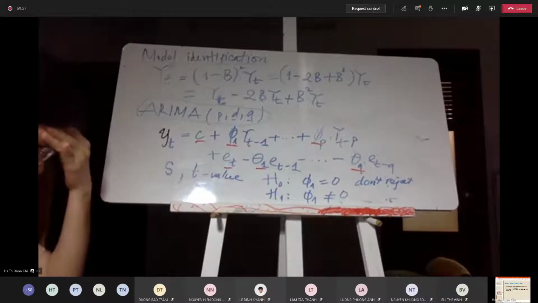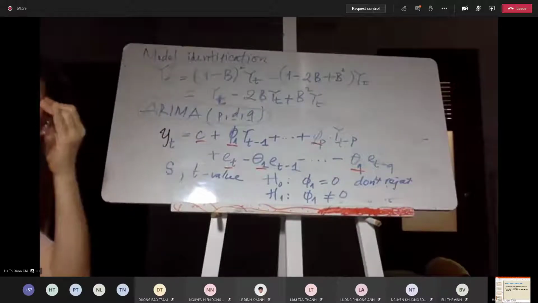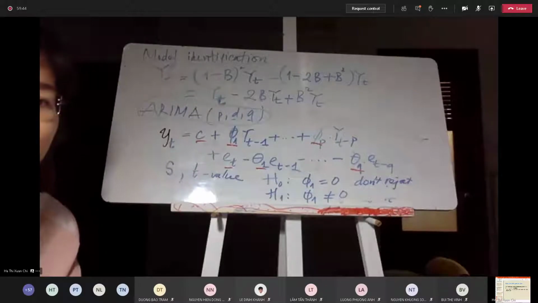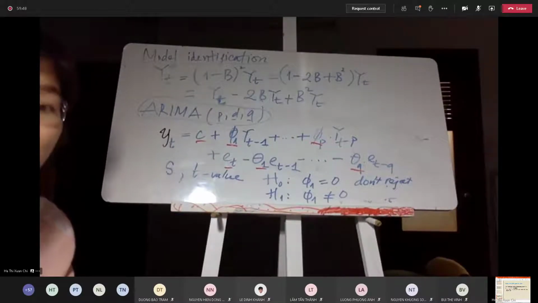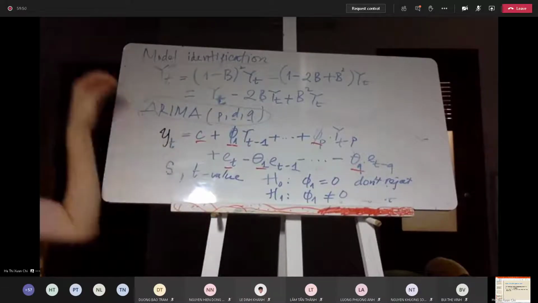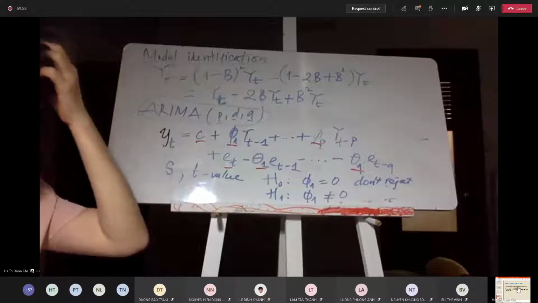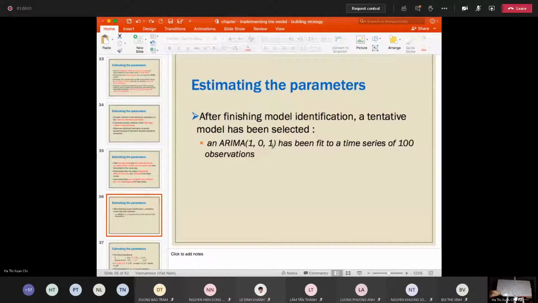So let me give you an example. After we finish the model identification in the first step, we have the initial model, like ARIMA 1,0,1, after we finish the first step, okay, everyone.